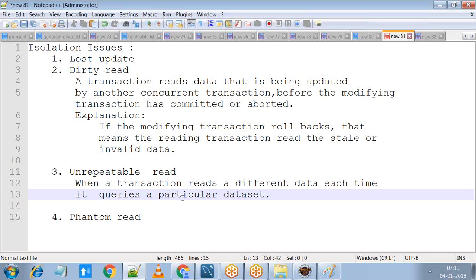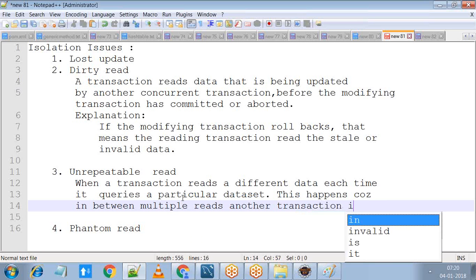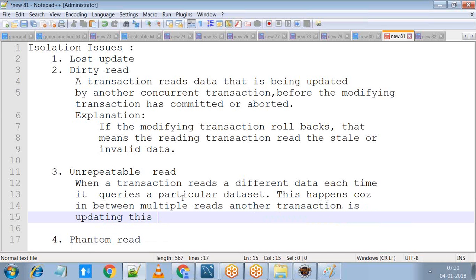So what could be the reason? This happens because in between multiple reads, another transaction is updating this data set.